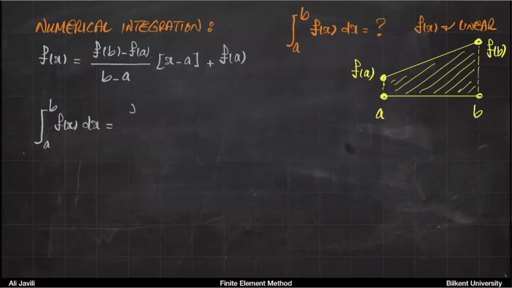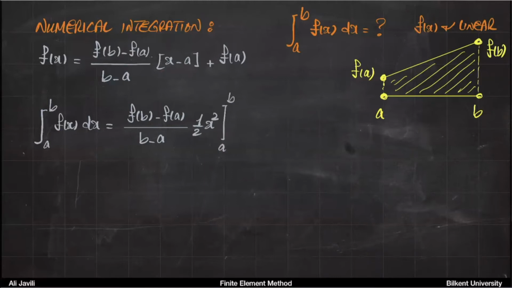you would get fb minus fa divided by b minus a. From this x term, you get x squared divided by 2. From the a term, you get minus ax. And here you just get an x. I'm going to write that like that. So it would be 1 over 2 x squared, from a to b.